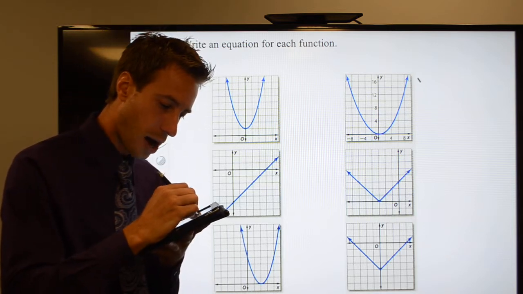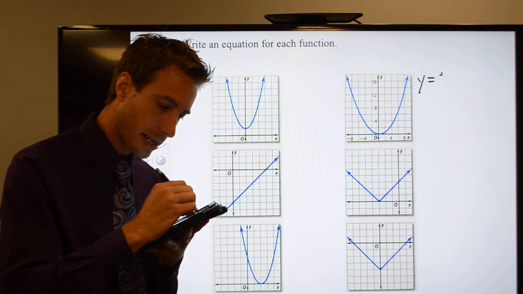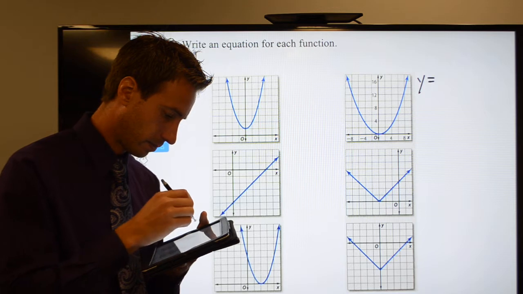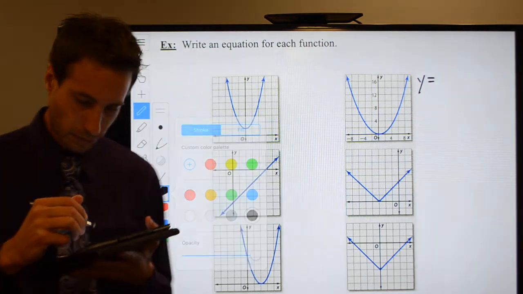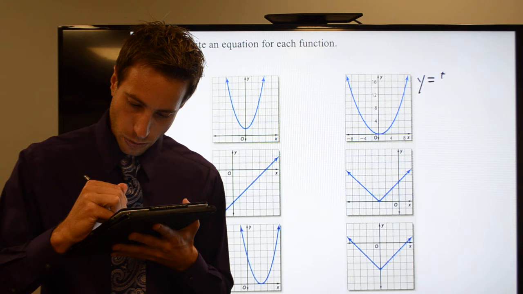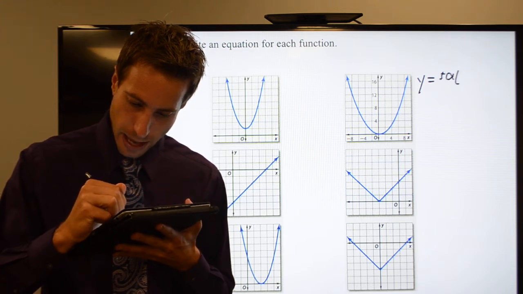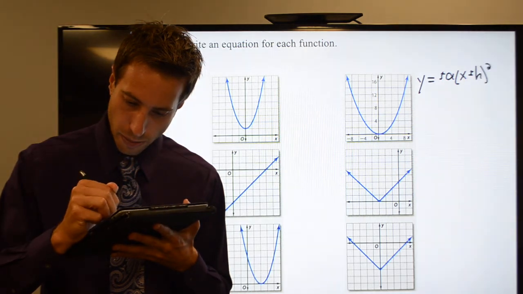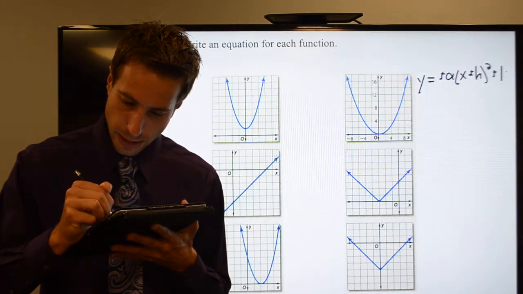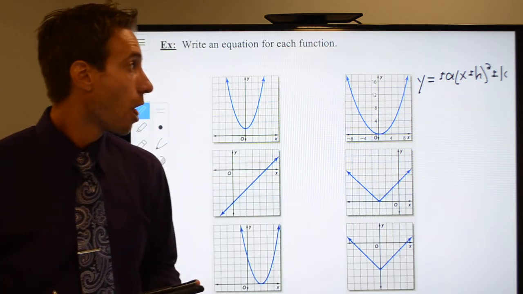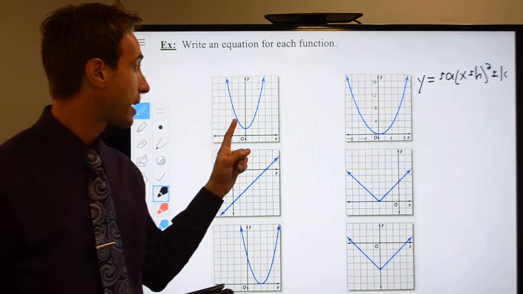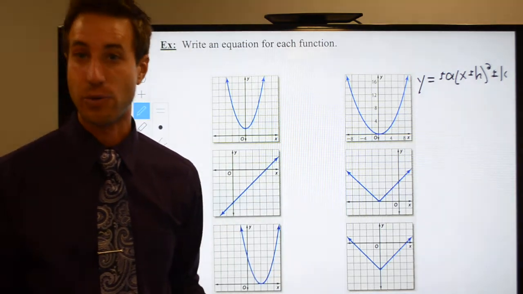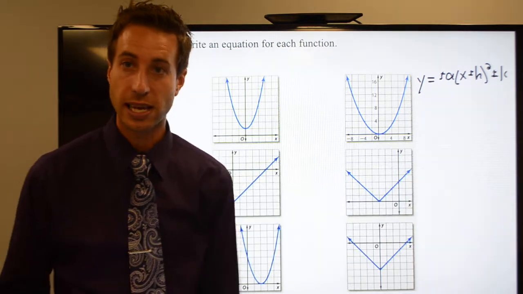It is y equals plus or minus a (x plus or minus h) squared plus or minus k. Okay. All right, I'm going to go ahead and take a look at my graph, figure out what my a, my h, and my k are, and then write my equation, right? Plug those numbers in, and you have your graph.